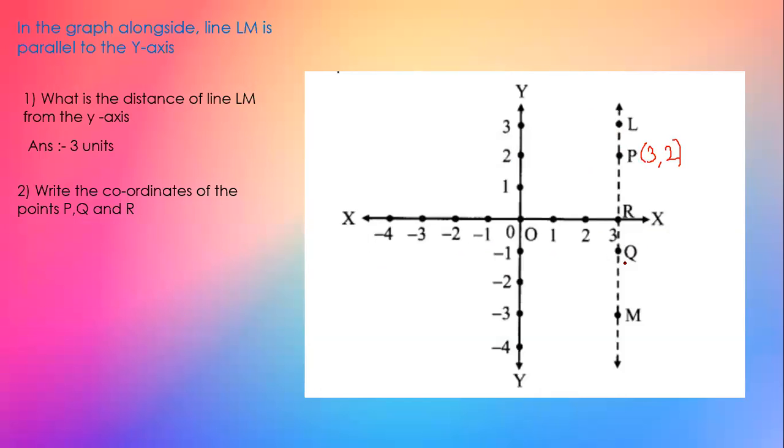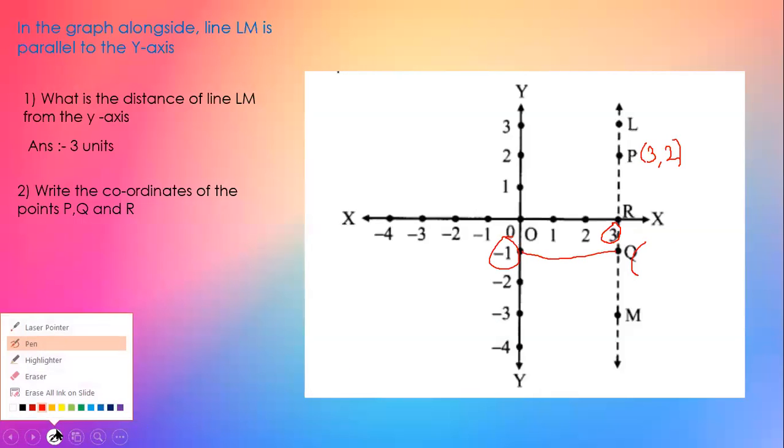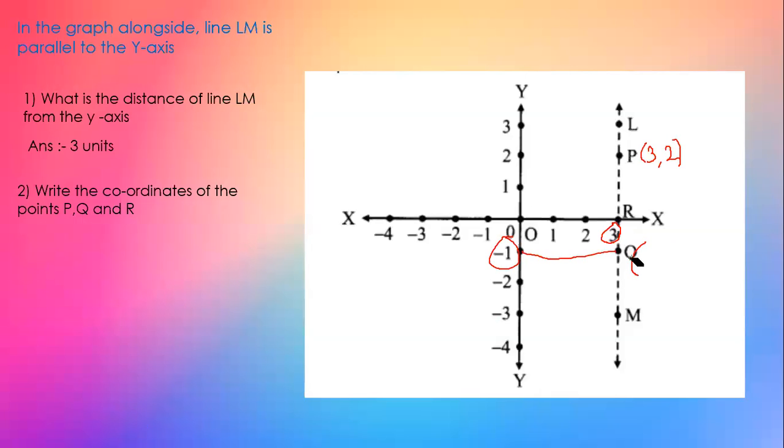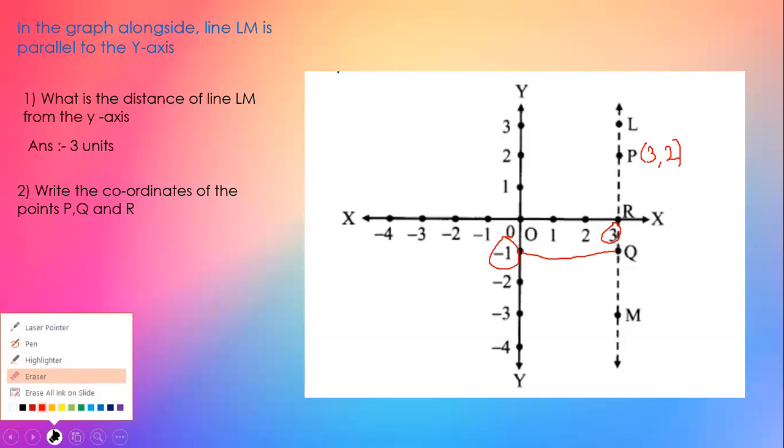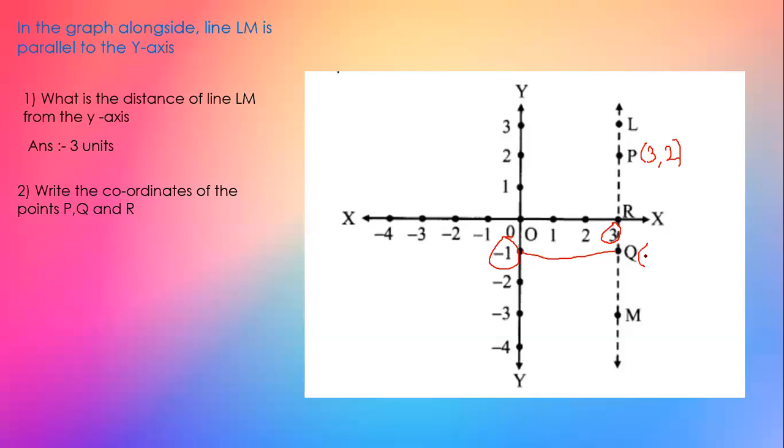Yes, over here, right? So what is the x coordinate of point Q? 3. And what is the y coordinate of point Q? -1, right? So we can write the coordinates of point Q as (3, -1).